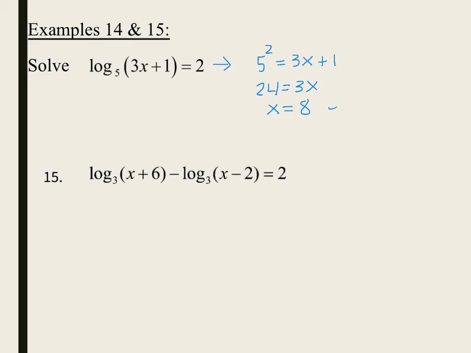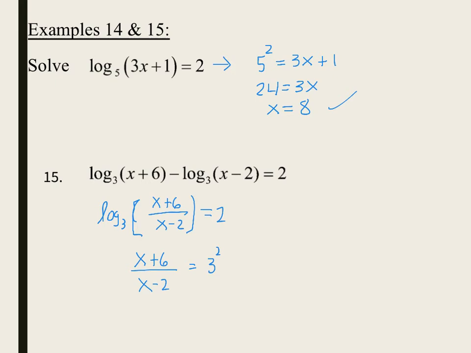We have to use what's called the quotient rule, and so now we can rewrite this as the log base 3 of x plus 6 over x minus 2 is equal to 2, or x plus 6 over x minus 2 is equal to 3 raised to the second power, which is 9.